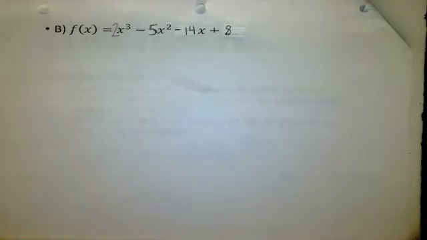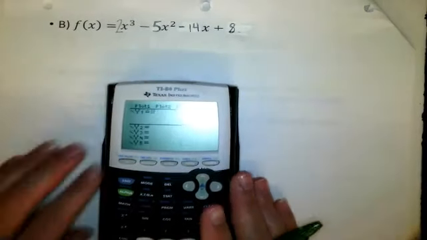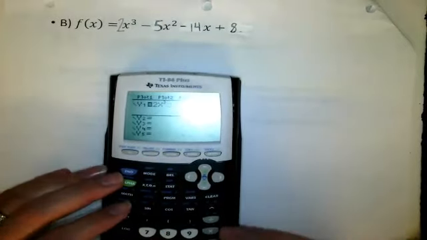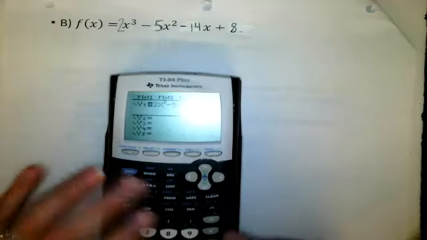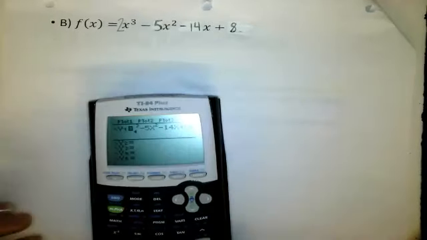Graph it in your graphing calculator. Yes. Go to your graphing calculator and type that sucker in. 2x cubed minus 5x squared minus 14x plus 8. Do it now.